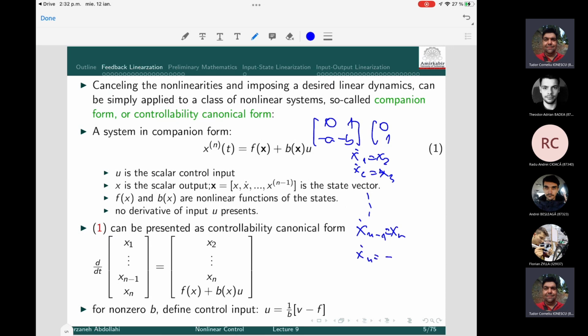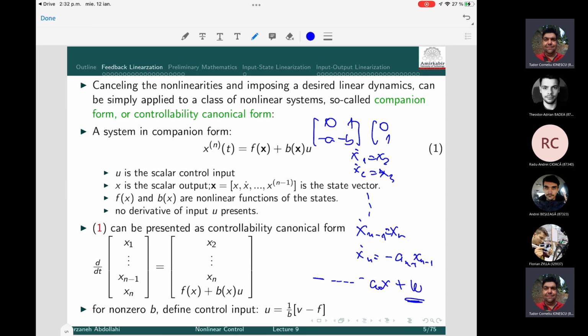Usually in the linear case, a polynomial of the previous states, so it's minus an xn minus and so on and so forth minus a0 x, something like that. Plus, and here is u. This is the controller canonical form.